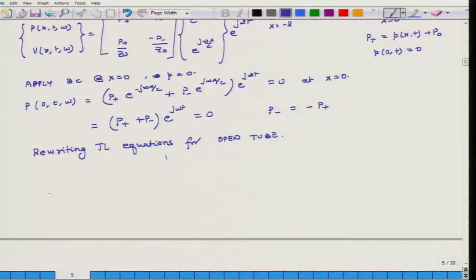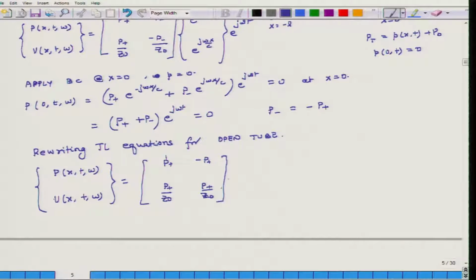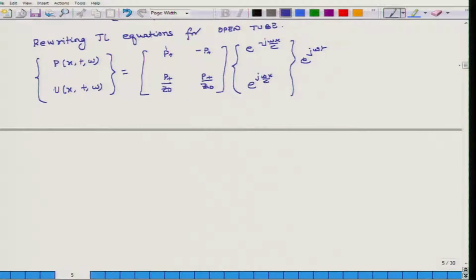So, what do we get? P of x, t, omega and u of x, t, omega equal P plus minus of P plus over Z naught, and here also we get P plus over Z naught, e to the minus j omega x over c, e to the j omega x over c, e to the j omega t. Now we expand these relations.